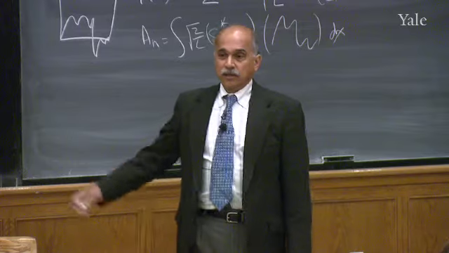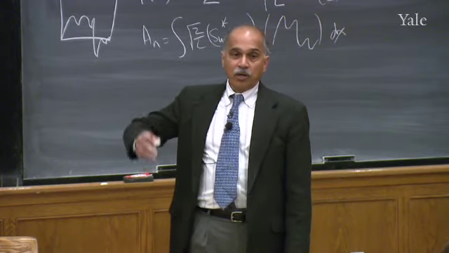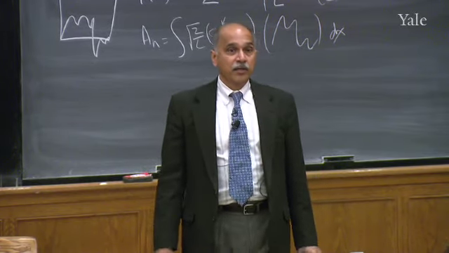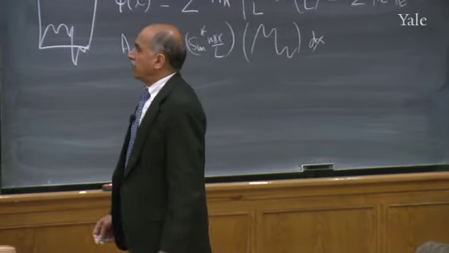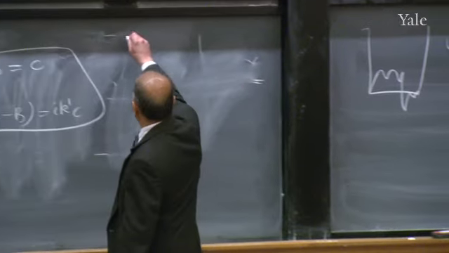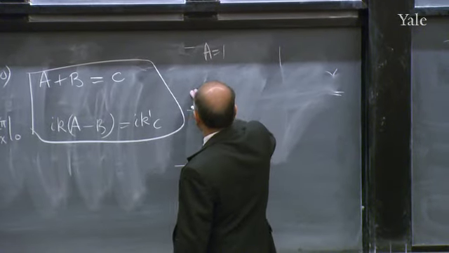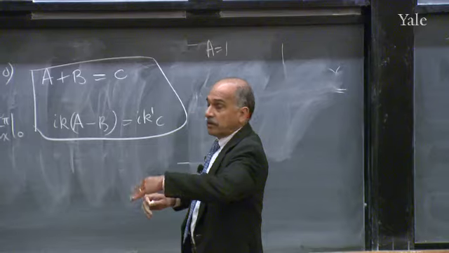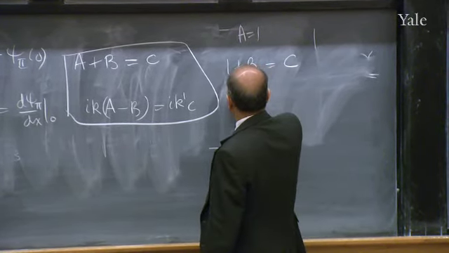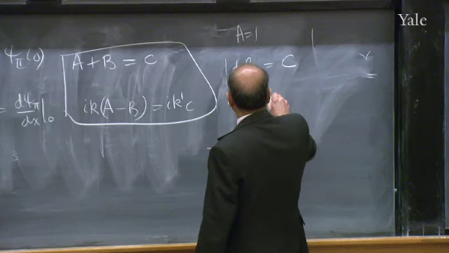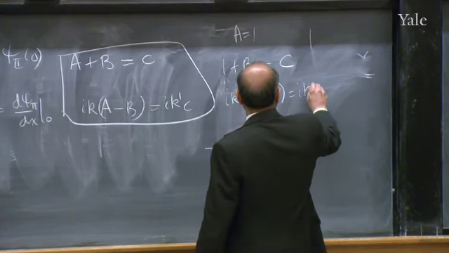It's that even in the particle in a box, you remember the overall height of the wave function is never determined by the Schrodinger equation. It's whatever you like. So what people do is they say, let's pick a equal to 1. That sets the overall height arbitrarily. Then I get 1 plus b equal to c, and ik times (1 minus b) is equal to ik prime c.